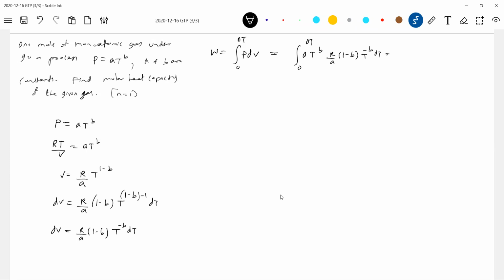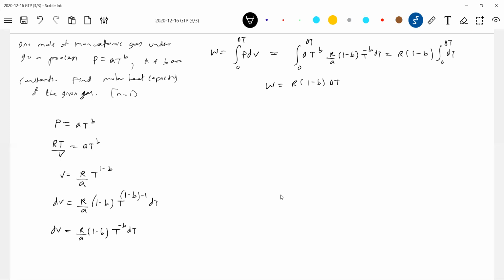So R into (1 minus B) times the integral of dT from 0 to delta T. Okay, there's the work done by the gas.